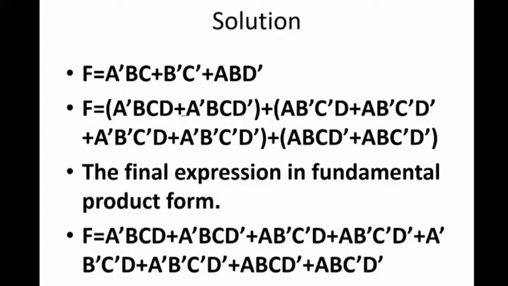This term will be equal to this term. How? I have explained this term as this. Now B bar C bar will be equal to these 4 terms. And the last term will be equal to this term.